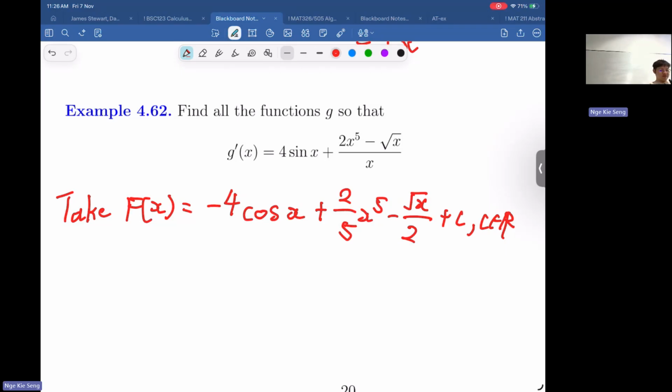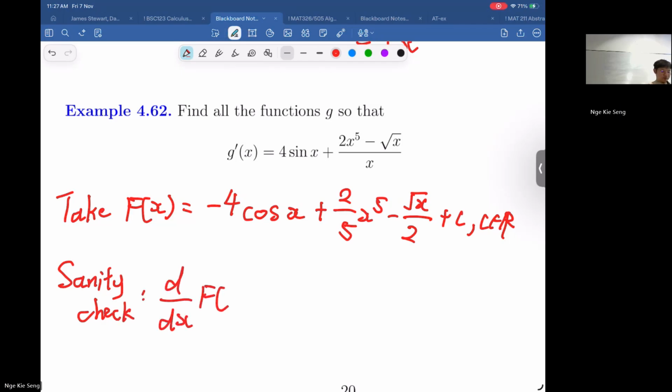We need to check. Let's do a sanity check. Let's differentiate this antiderivative here. So what do you get? 4 sine x plus 2x to the 4 and then minus half of square root x and then 0.